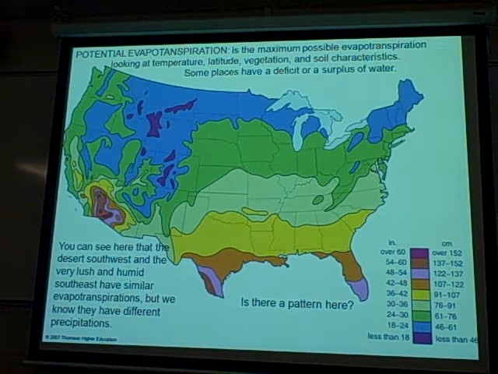So evapotranspiration, that is the water either transpiring through plants or evaporating off of wherever water is. That's the way that water gets back into the atmosphere, right? So this map is an interesting one because it's showing potential evapotranspiration. Now it's potential because if you look at Florida and look at Arizona, they look similar here, but if you're on the ground in those states, you know they're not similar because, well, this is potential, right?